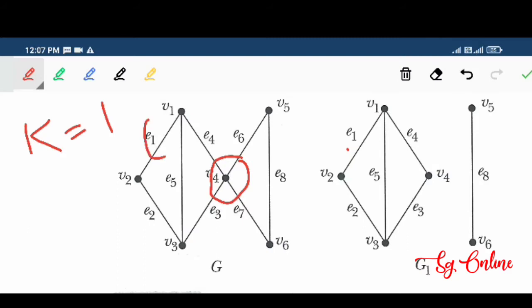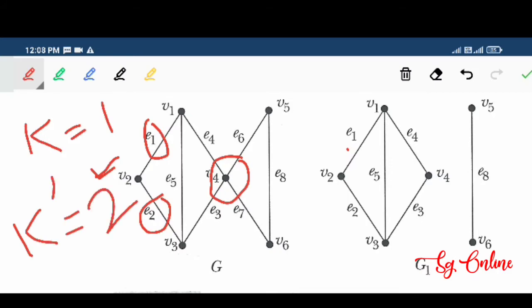But if we delete these two edges from the graph, then the graph becomes disconnected, and the vertex V2 becomes isolated from the graph, and so kappa dash is 2, the edge connectivity is 2. At least you have to remove 2 edges from the graph to make it disconnected.